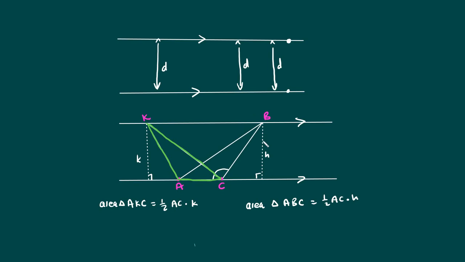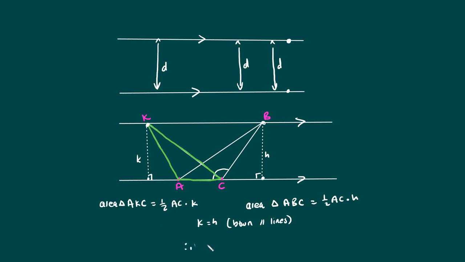But good people, let's remember that these triangles are between parallel lines. So that means actually K is equal to H. Why? Because these triangles are between parallel lines. So this height here is going to be the same as the height there, because parallel lines have the same distance between them.